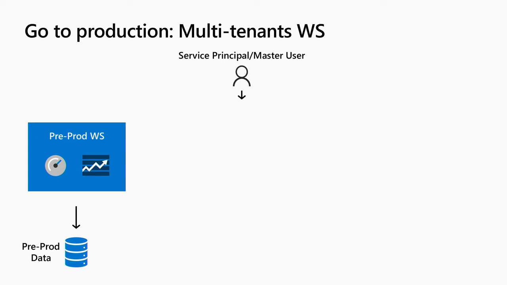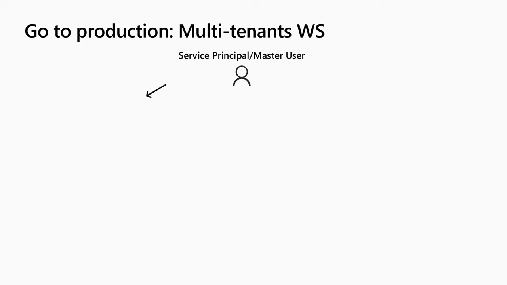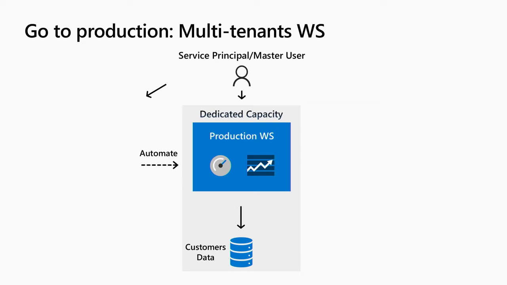The second option you have when you want to work with multi-tenants is the multi-tenant workspace approach. What this approach means is that, instead of creating a single workspace connected to just a single customer's data, you create only one workspace, a production workspace, which all your customers share, and it's connected to customer data which is a combination of all the customer data.